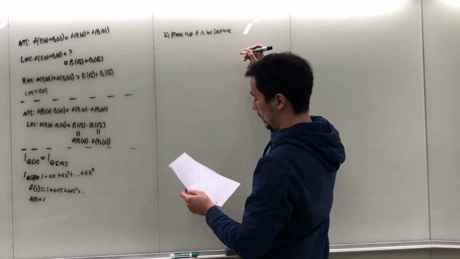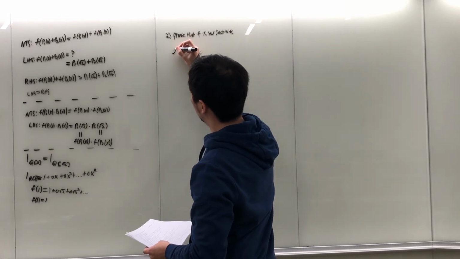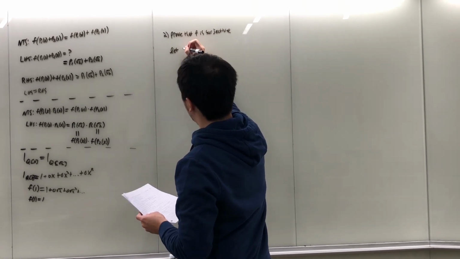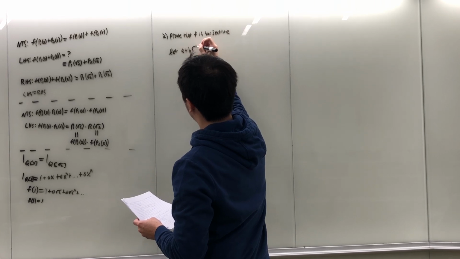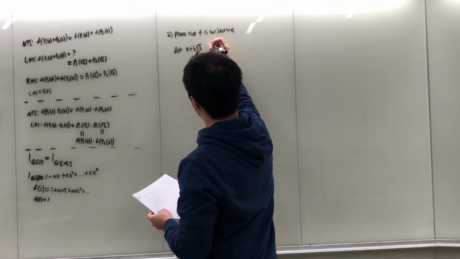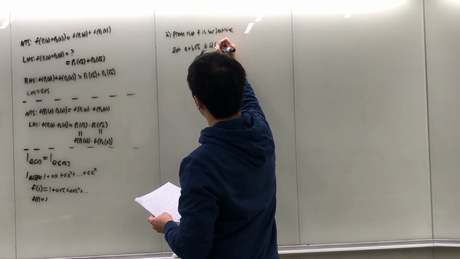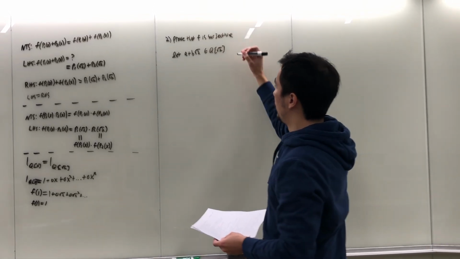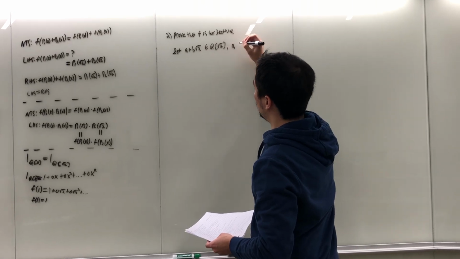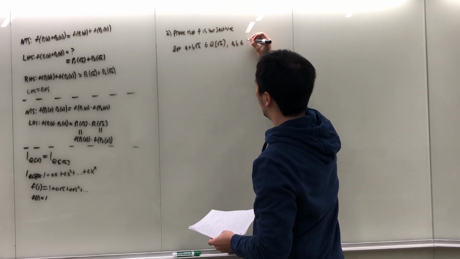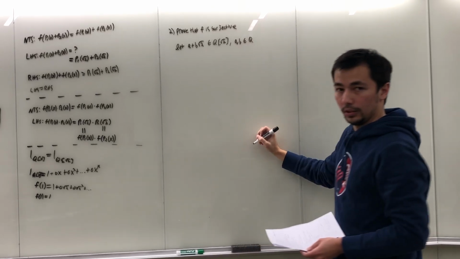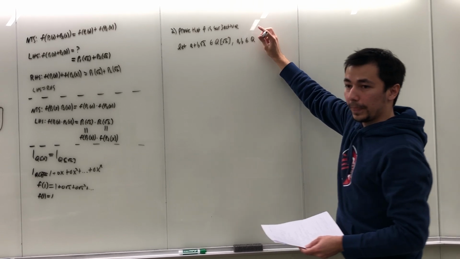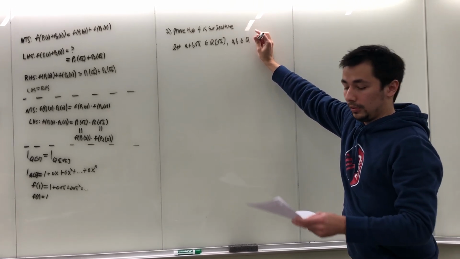So the first step we're going to do is let a plus b square root of 2 be an element of the ring Q square root of 2. But it is important to note that we are going to impose the condition that a and b are elements of Q themselves. And what Q is, if I haven't stated yet, is all the rational numbers.